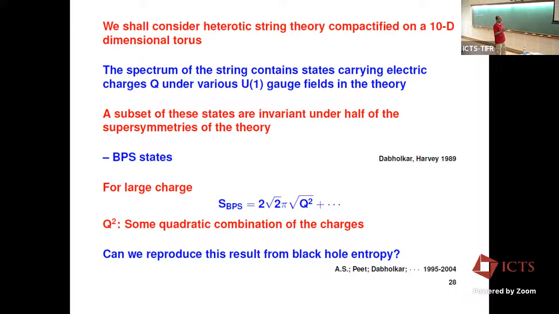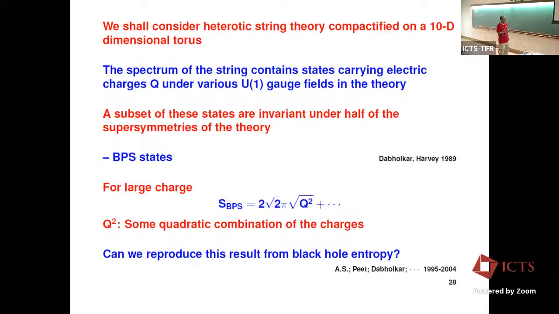And the spectrum of the string contains states that carry electric charges under various U(1) gauge fields in the theory. A subset of these states are invariant under half of the supersymmetries of the theory. These are the BPS states, also known as the Dabholkar-Harvey states, because they were discovered by Dabholkar and Harvey in 1989.